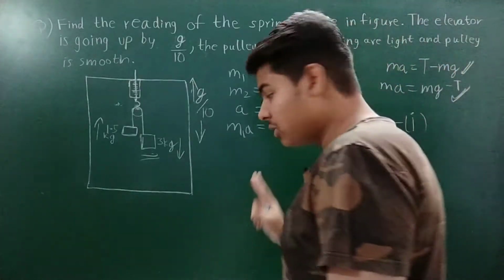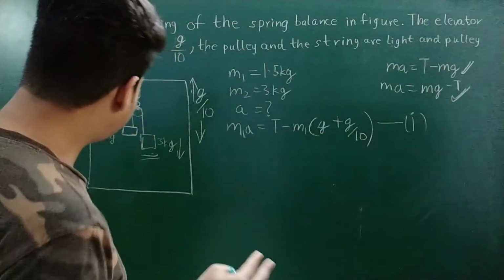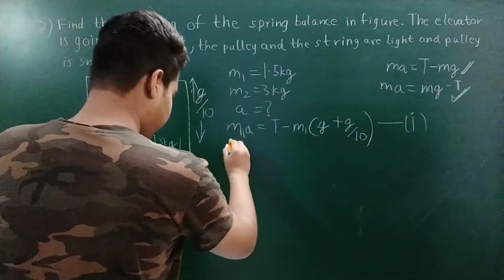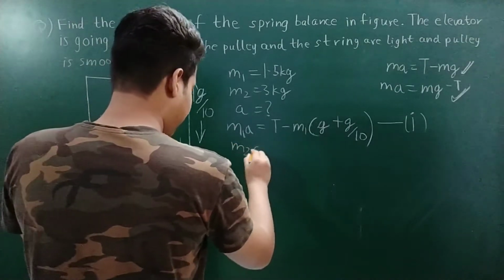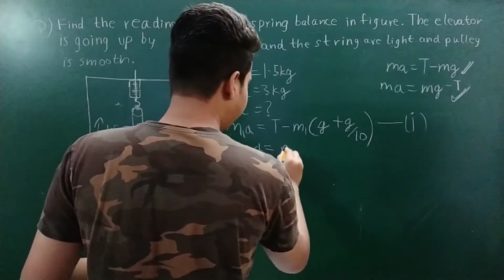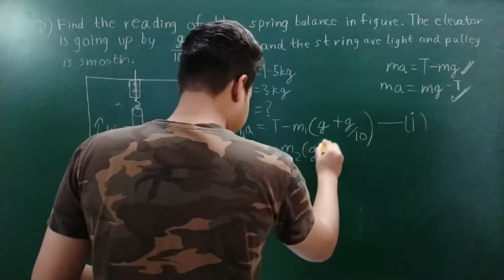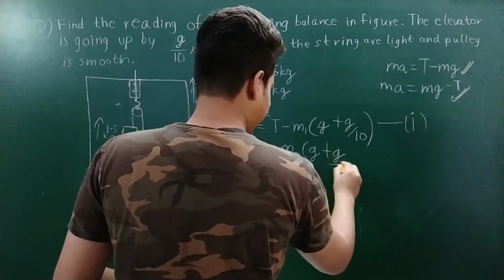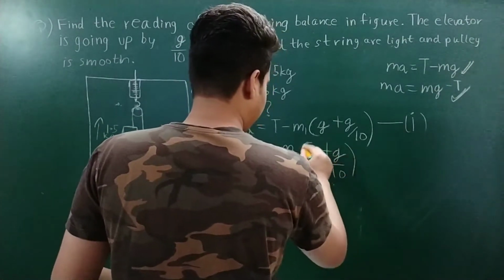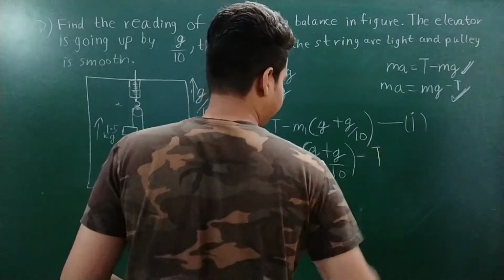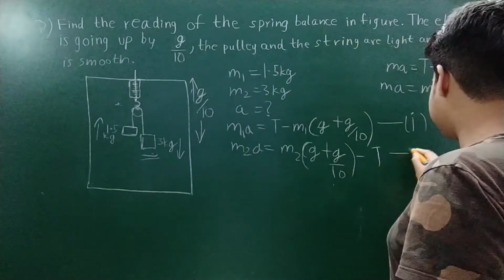And similarly, for the second equation, for the 3 kg block, it will be m2a equal to m2 times g plus g by 10 minus T. This is our second one.